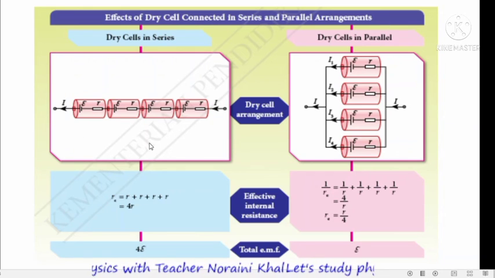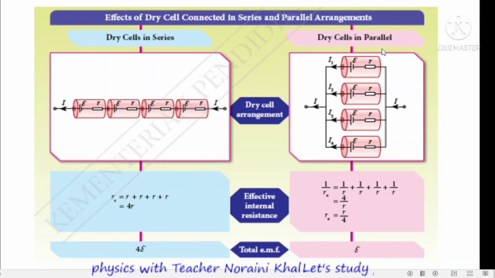So this is the series arrangement, this is the parallel arrangement. For the series arrangement, the effective internal resistance is 4R, meaning R plus R plus R plus R. What happens to the voltage, or EMF, is E plus E plus E plus E, which equals 4E. So the total EMF increases.